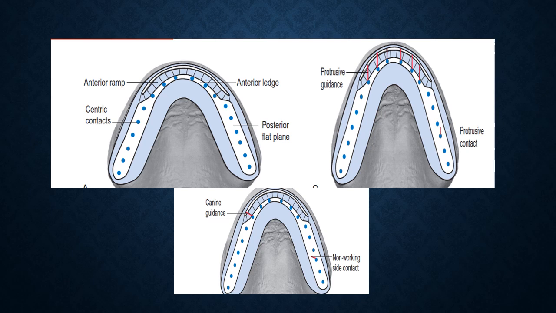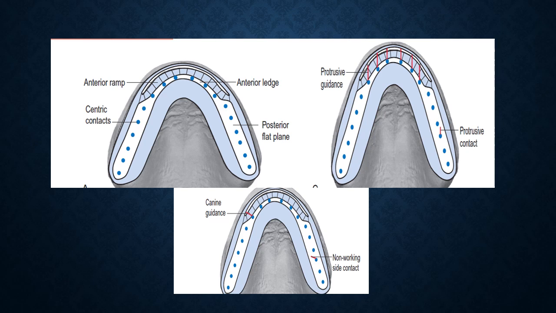In case of a protrusion, the contact will be on the ramp anteriorly, and any contact in the posterior segment should be eliminated. Also, in case of eccentric movement, the guidance will be on the ramp, on the canine, and if there is any contact on the non-working side, it should be eliminated.